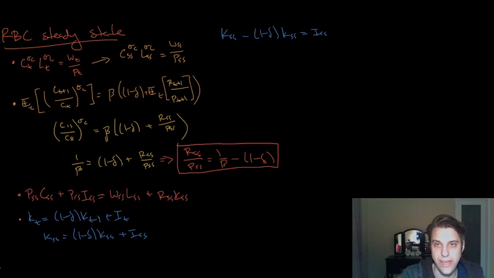Now I'm going to factor the K_ss through. We have K_ss minus K_ss, and minus minus gives plus delta K_ss, is equal to I_ss. This cancels, and we just get that I_ss is equal to delta K_ss.